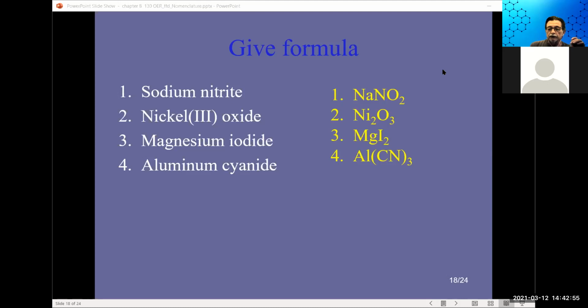NaNO2, and then nickel, 2 nickels, subscript 2, oxide subscript 3. And MgI2, and then cyanide, since we need 3 of them, we need parentheses around the cyanide, excuse me, to give us Al(CN) with parentheses subscript 3.